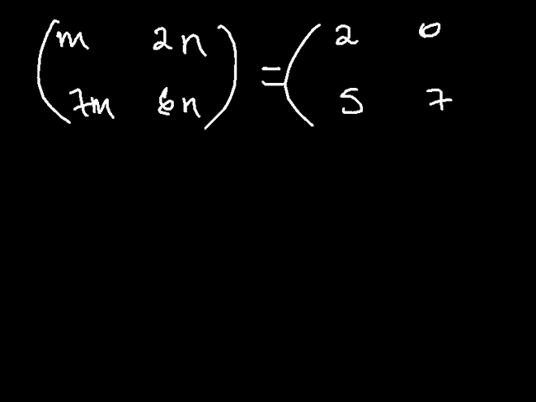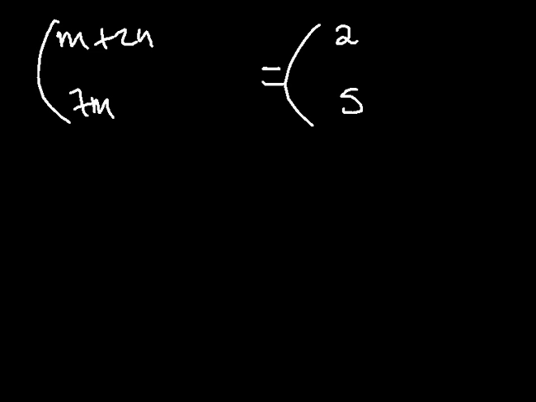By the way, let me have it in this way. Let's say we have M plus 2N and 7M minus 6N.